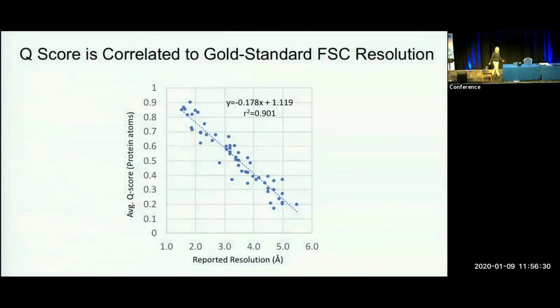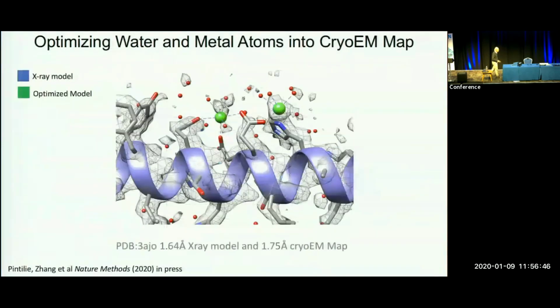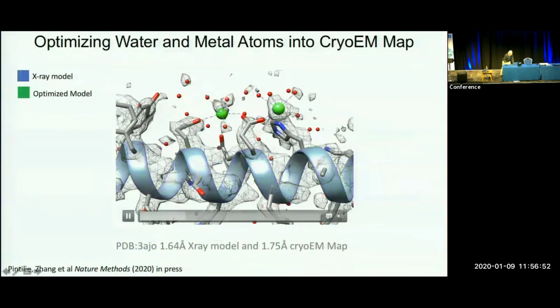We went to the Protein Data Bank and picked up 50 structures: higher Q factor at better resolution, lower Q factor at poor resolutions. It turned out the Q factor measures not only the resolvability of the density, but also depends on how good your maps are. So here we demonstrate that we begin to pick up the water molecules in red, and the green ones are the metal ions.